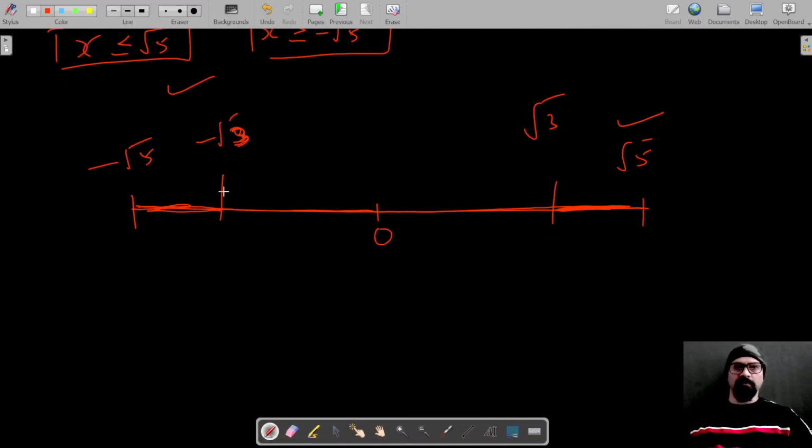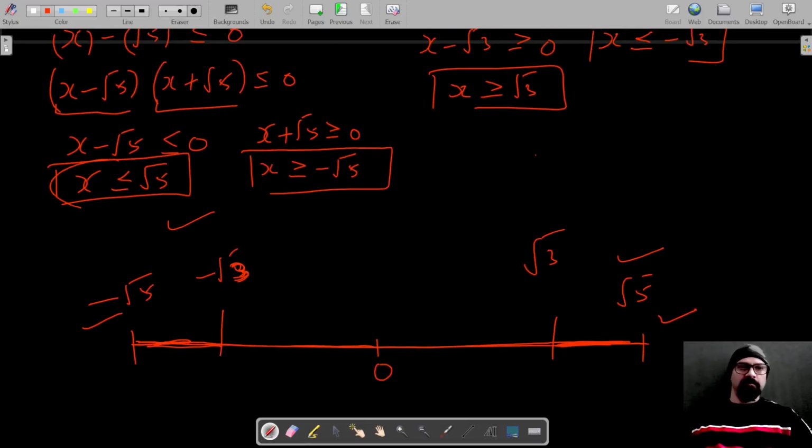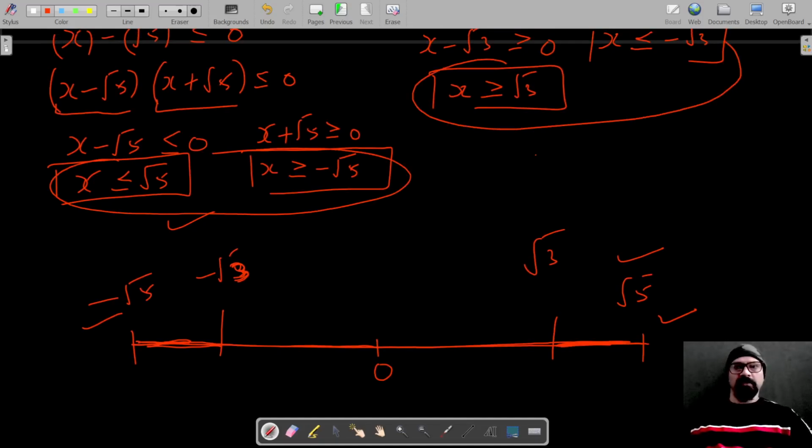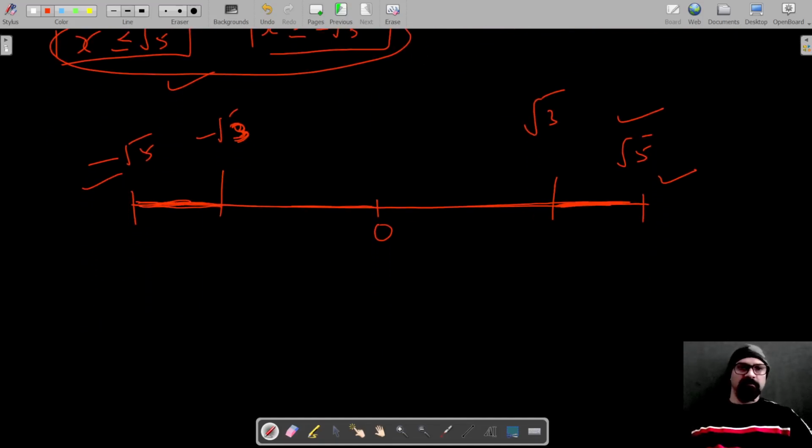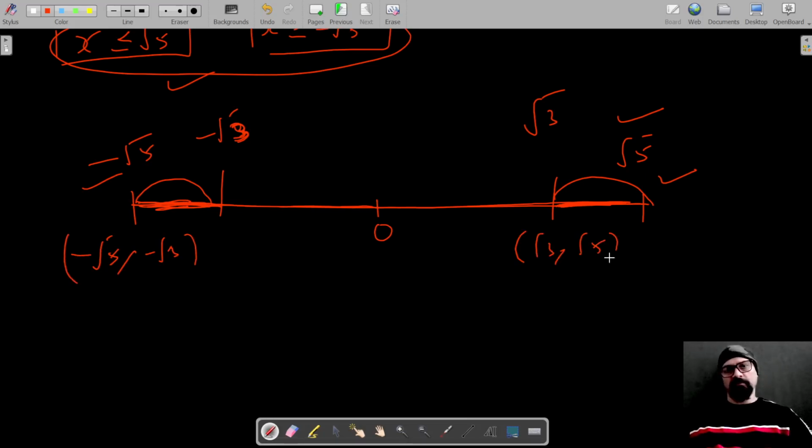And the common region for minus root 5 to root 5, and these values of x, is this region and this region: negative root 5 to negative root 3, and root 3 to root 5.